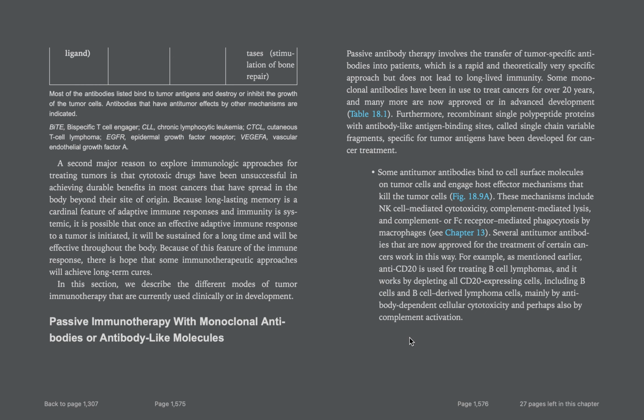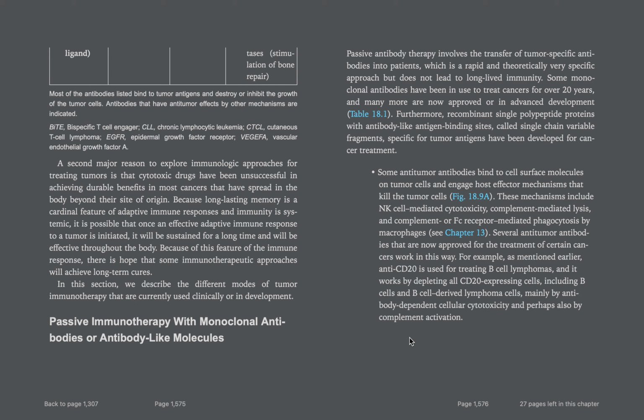A second major reason to explore immunological approach for treating tumor is that cytotoxic drugs have been unsuccessful in achieving durable benefit in most cancers that have spread in the body beyond the site of origin, because long-lasting memory is the cardinal feature of adaptive immune response, and immunity is systemic.